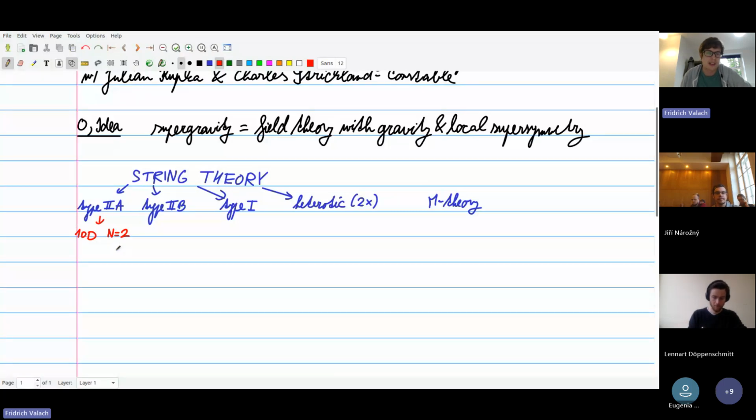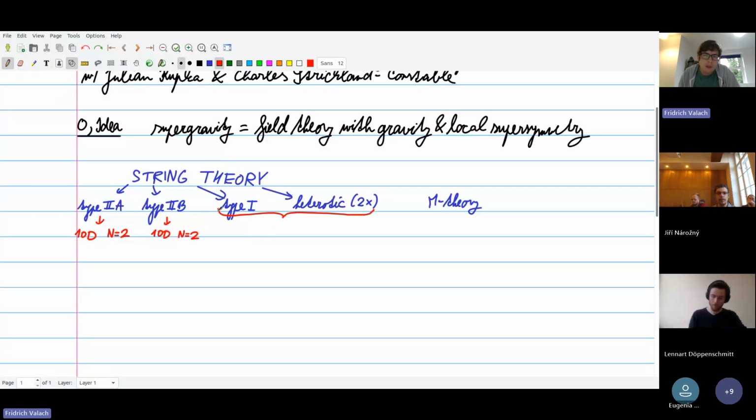N=2 means that it has two supersymmetries. You get a similar thing for the other type 2, but a different one. These are the two different N=2 theories in 10 dimensions. Type 1 leads to 10d N=1.